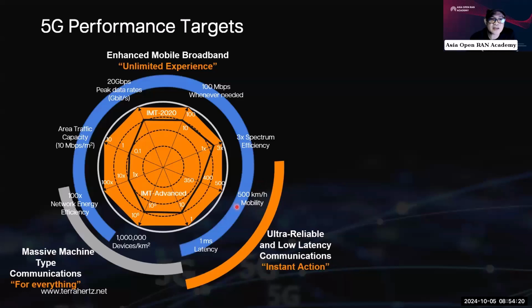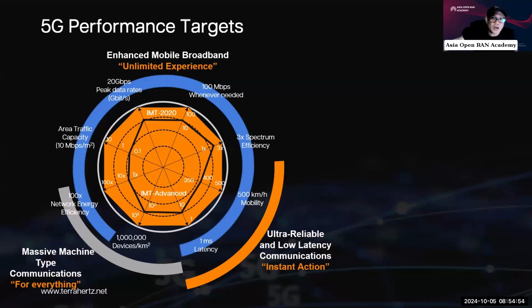Mobility is up to 500 kilometers per hour, so just imagine you can have 5G services on an airplane or a fast-moving vehicle. The latency is 1 millisecond, and connection density is 1 million devices per square kilometer. Energy efficiency is 100 times that of LTE, and area traffic capacity could be 10 Mbps per square meter. So these are the performance targets.